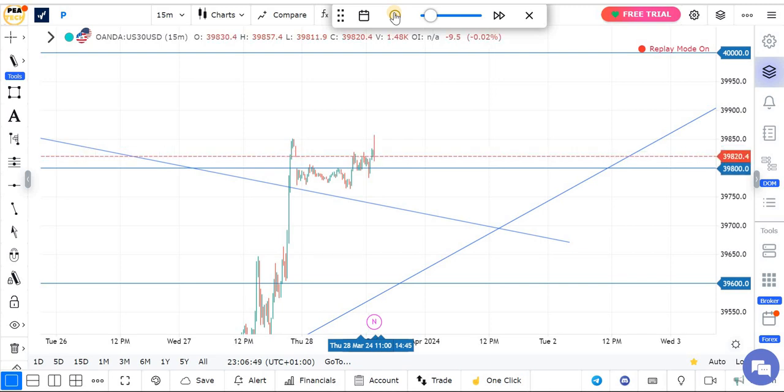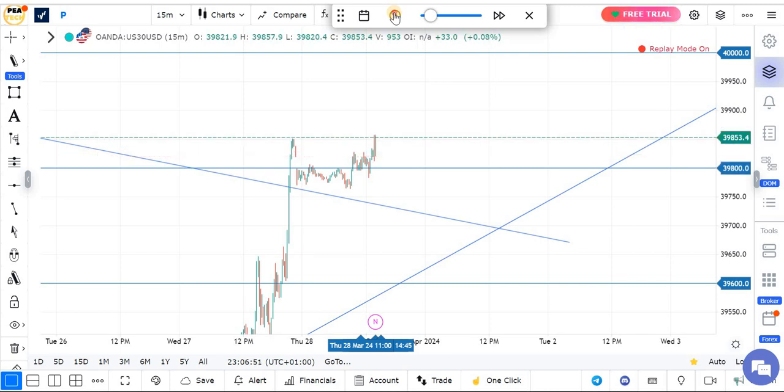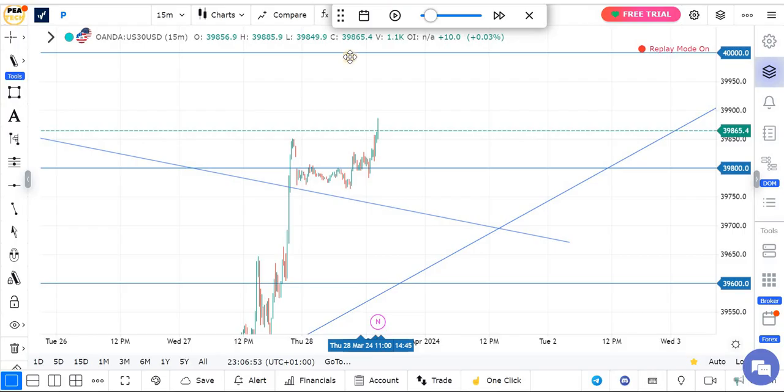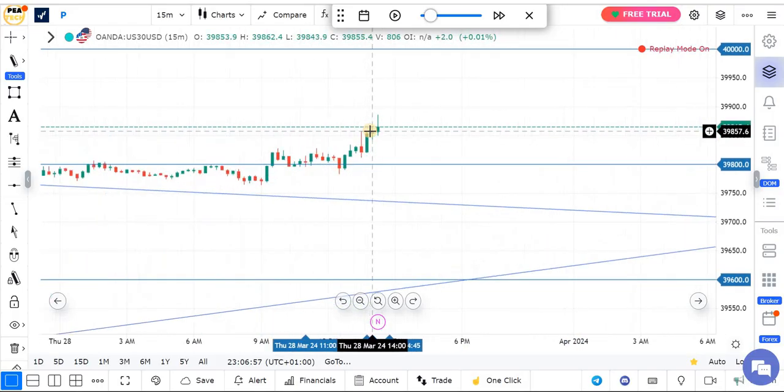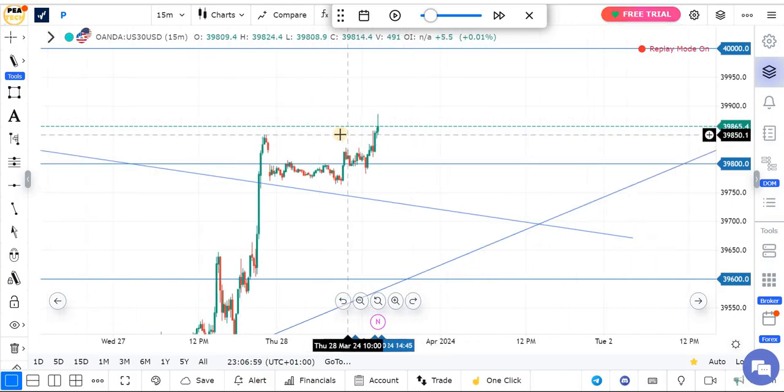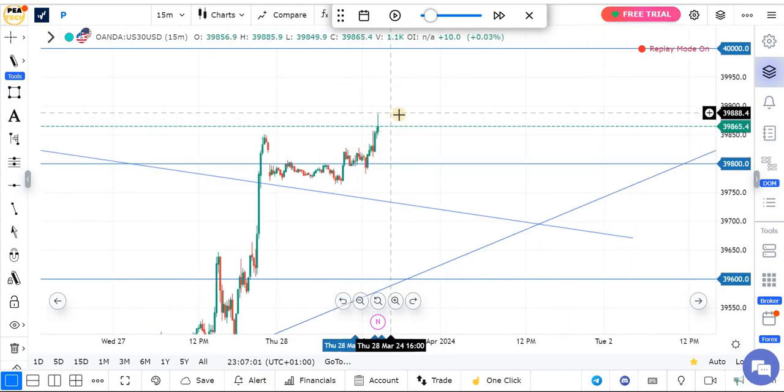Okay, so you can see trading just moving, and you can see there is a breakout from this particular point, right? So you can actually take a buy here.